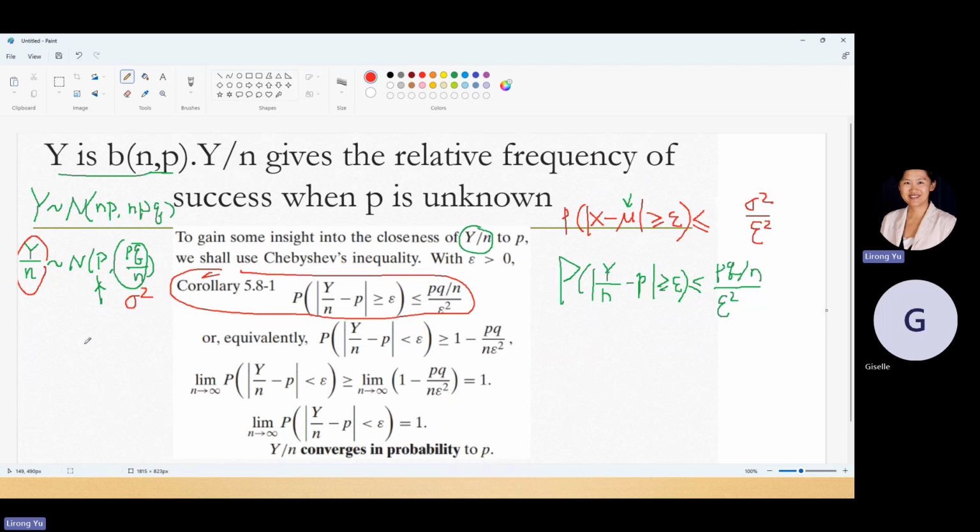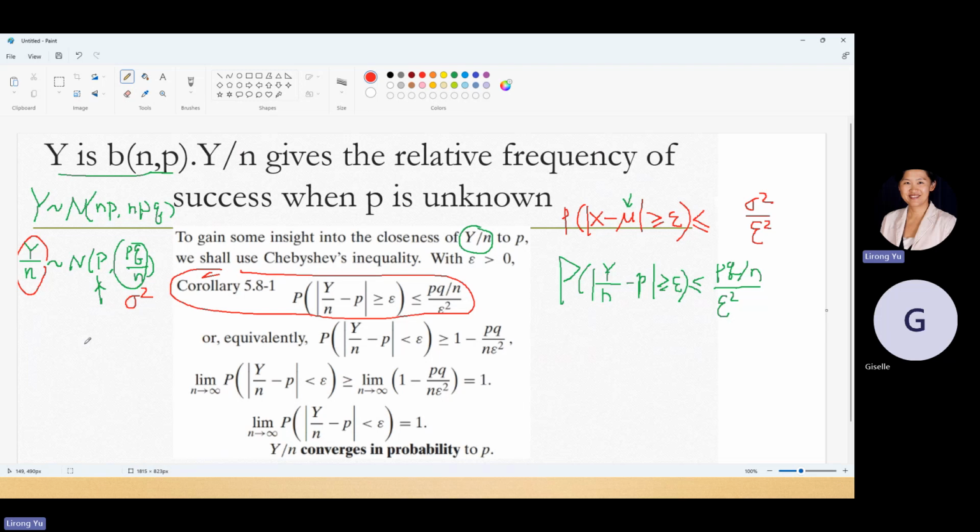Starting with the equivalence, the second rule of calculation, we can calculate this limit when n goes to infinity. pq over n, when n goes to infinity, has a limit 0. So this probability would have a limit 1, because this is bigger than this. The smaller one has limit equal to 1, and probability is naturally less than 1.